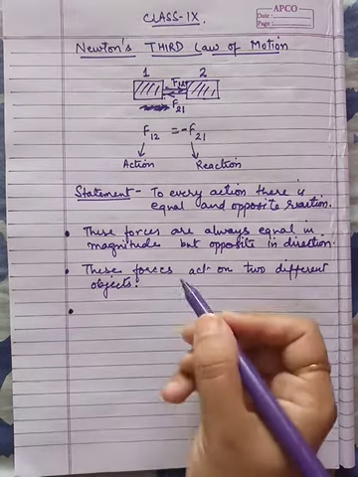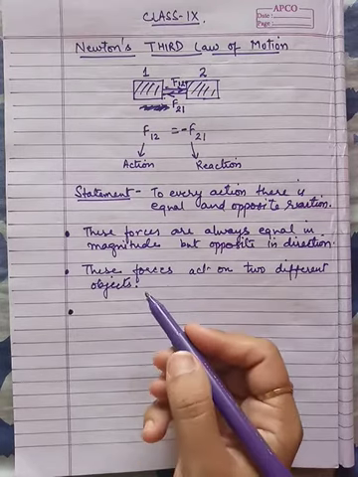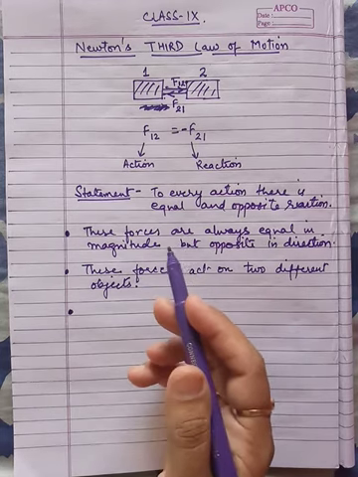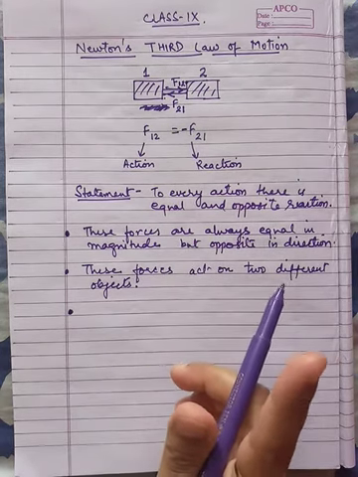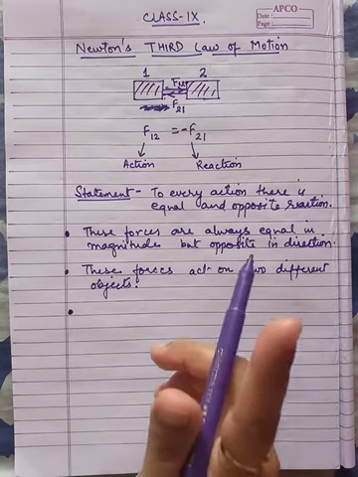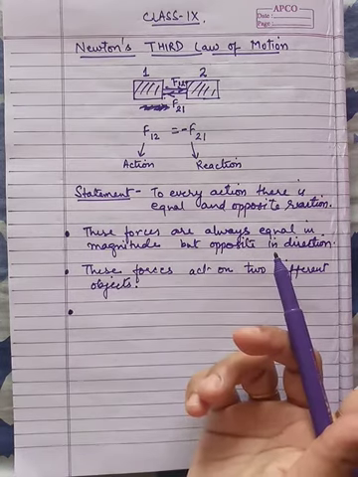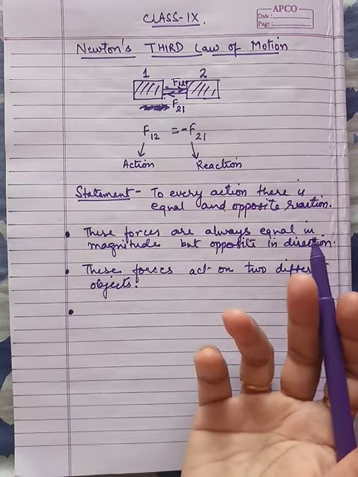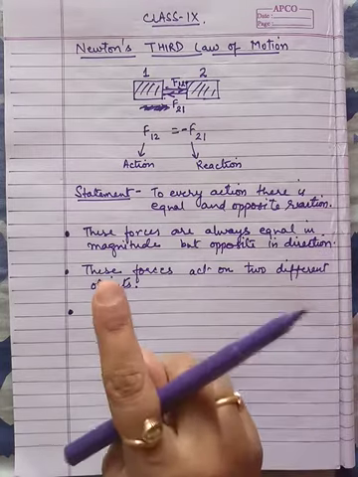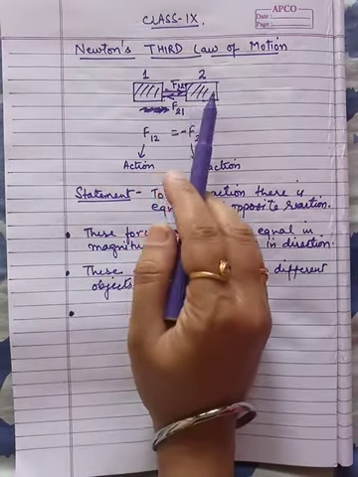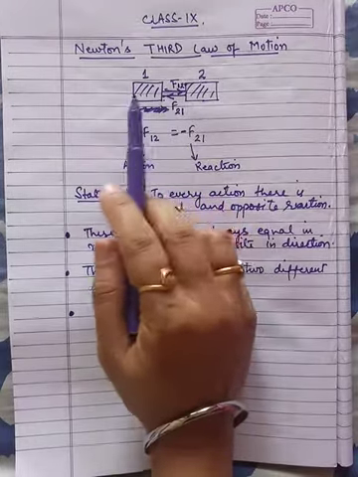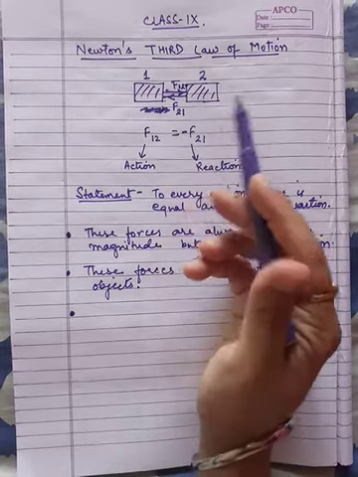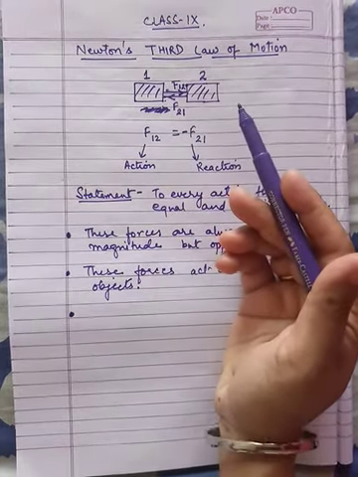Thirdly, it is related to the second one itself, that although these two forces are equal, they may not produce equal accelerations. So we can say they may not produce equal accelerations because each force acts on a different object, and these two objects may have different masses, and if the masses are different, then the acceleration produced may be different.